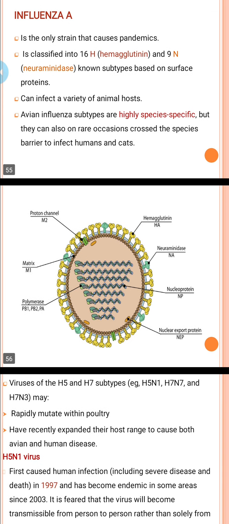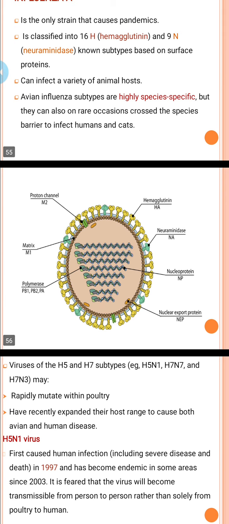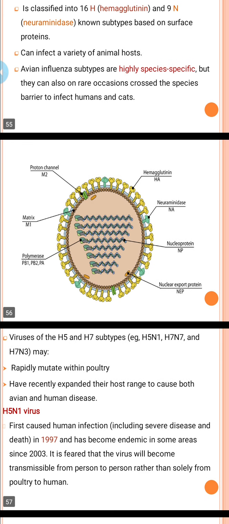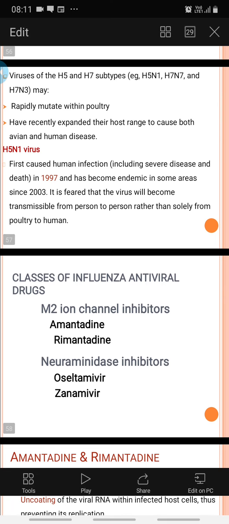So viruses of the H5 and H7 types may rapidly mutate within poultry, have recently expanded their host range to cause both avian and human disease. H5N1 virus first caused human infection in 1997, became endemic in some areas since 2003, and it is transmissible from person to person.